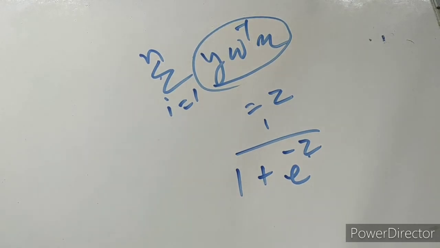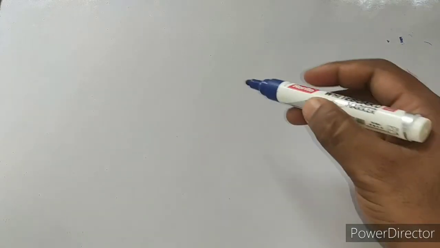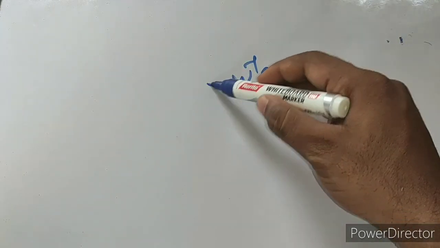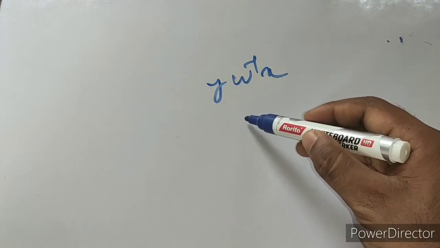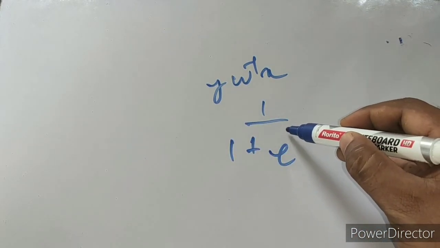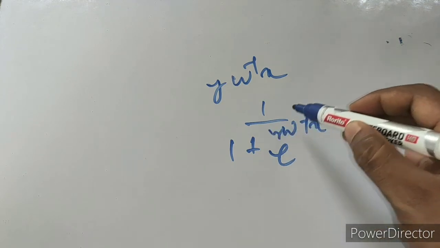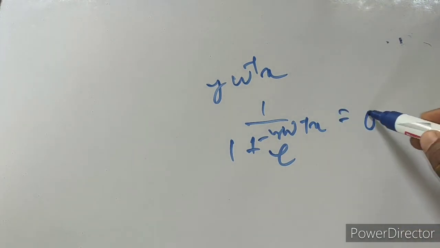Now what happens? We know the y value, we know the x value. As we have discussed how this W transpose X value is found, this W transpose X value is passed through the sigmoid function, 1 by 1 plus e to the power minus W transpose X, and this value turns from 0 to 1.